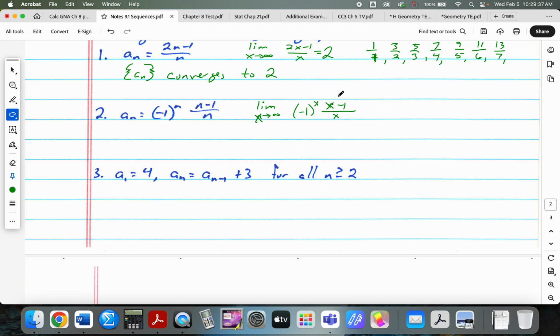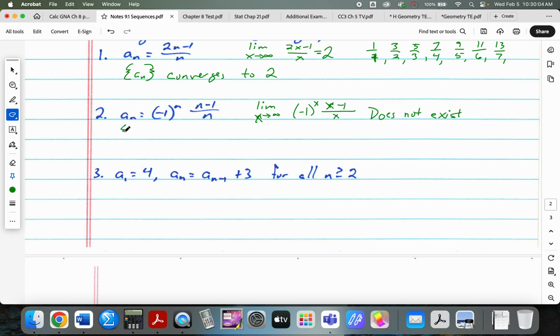So times something that's getting close to 1. So near the end, not that there is an end, but as I get bigger and bigger, my values are going to be really close to +1, then -1, then +1, then -1. So does this limit exist? No. So this limit does not exist.